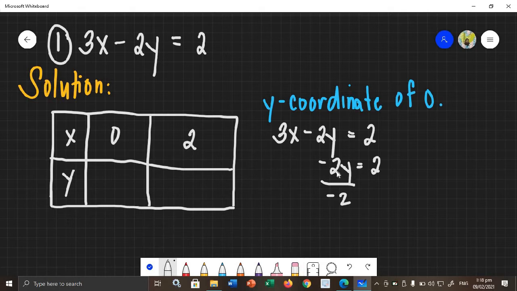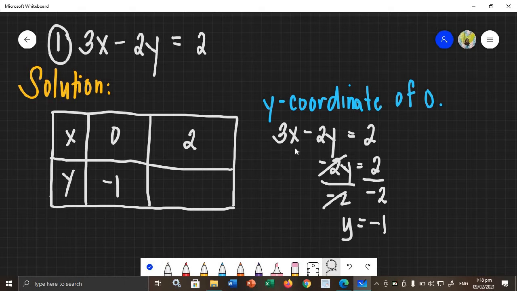So, kung dinivide natin yung left side ng equation sa negative 2, of course, divide din natin yung right side sa negative 2. So, this will be cancelled and y is equal to 2 over negative 2, which is equal to negative 1. And that will be the value of your first y coordinate.